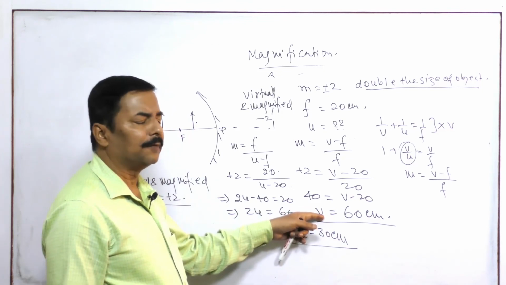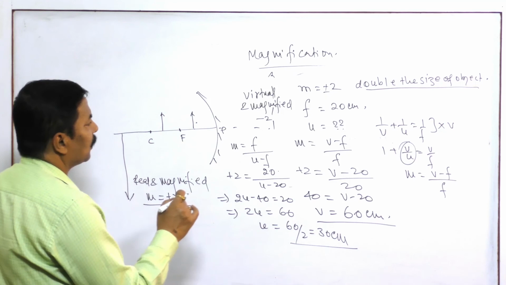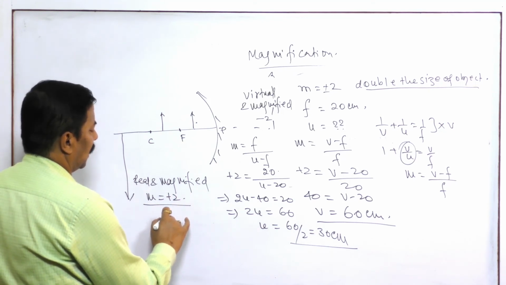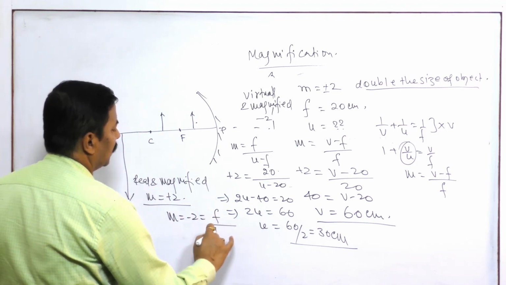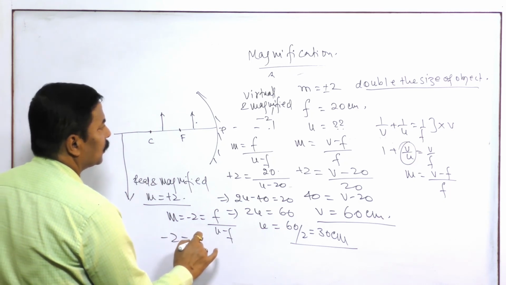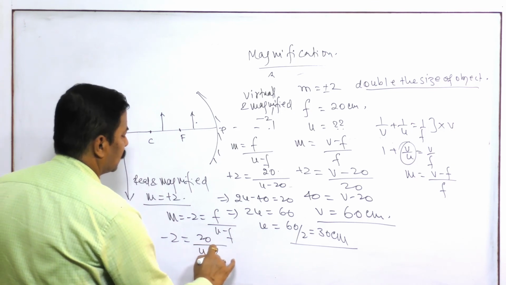By this you can find the V. And if we are taking M is equal to minus 2, using F by U minus F, minus 2 is equal to 20 by U minus 20.